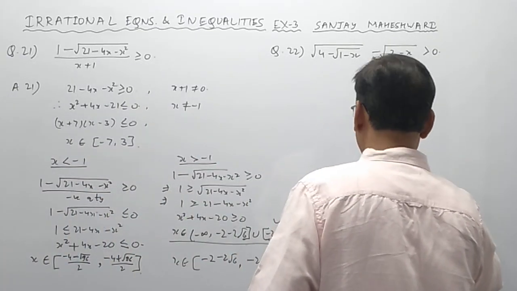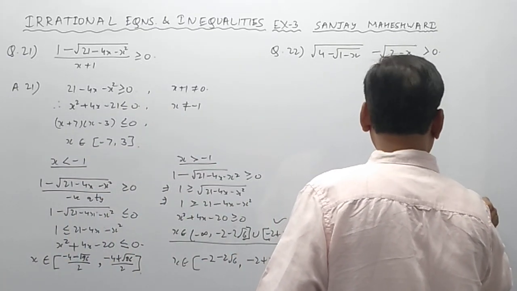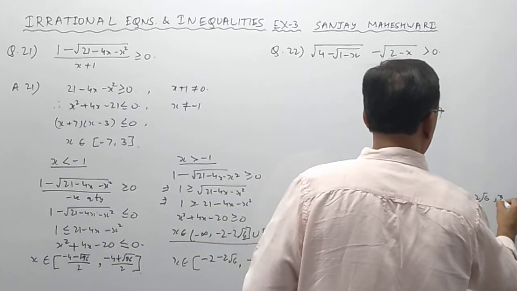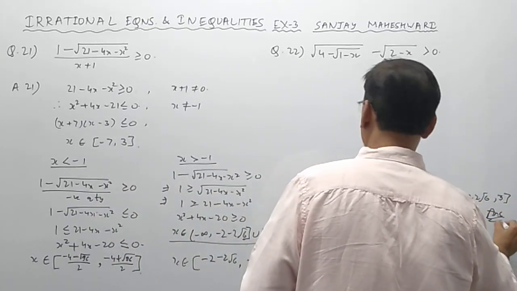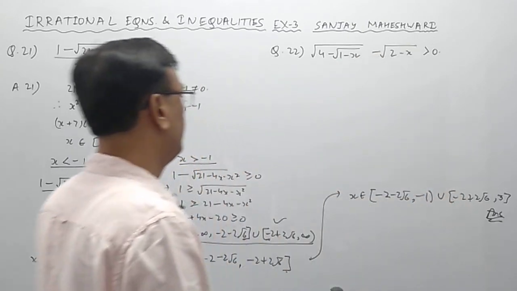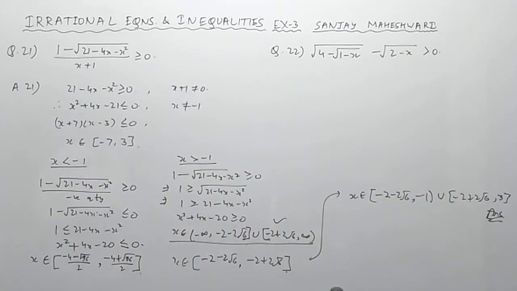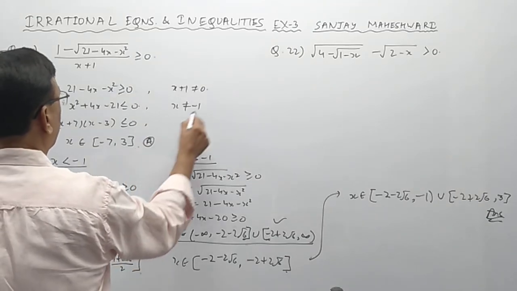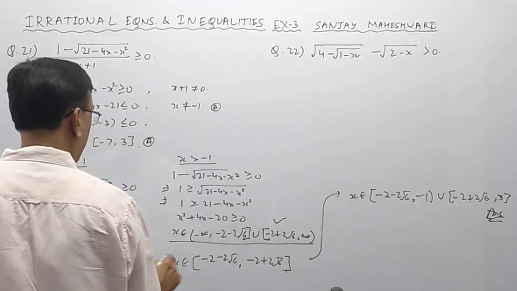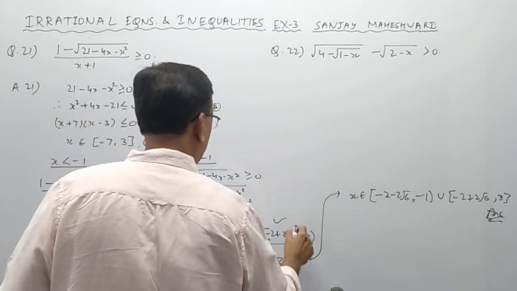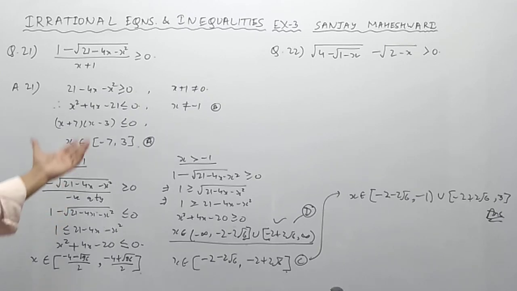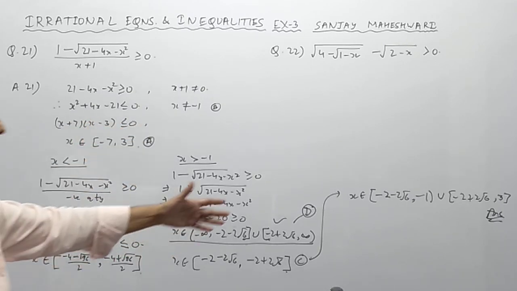So union minus 2 plus 2 root 6 up to 3. This is the answer. So we have to keep the following thing in mind. This is A, this is B, this is C, and this is D. We have to take intersections and union, accordingly we get this answer.